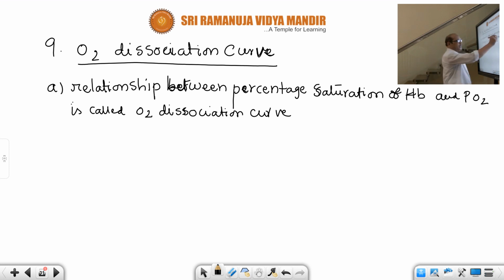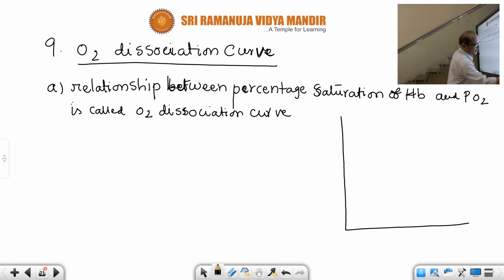So that is represented in a graph, y-axis and x-axis. Here partial pressure is plotted on the x-axis and percentage saturation of hemoglobin is plotted on the y-axis.